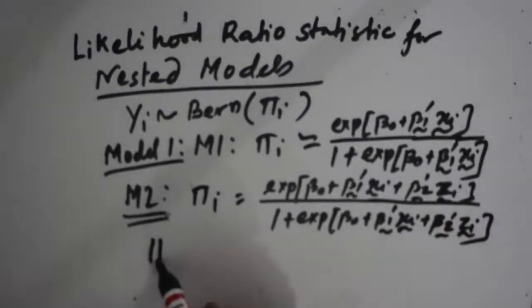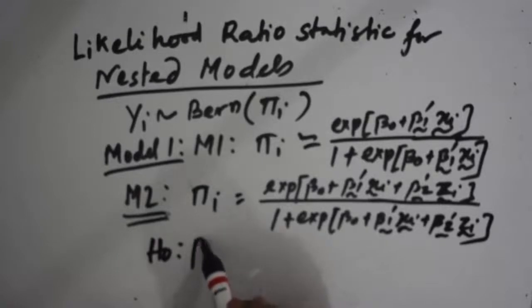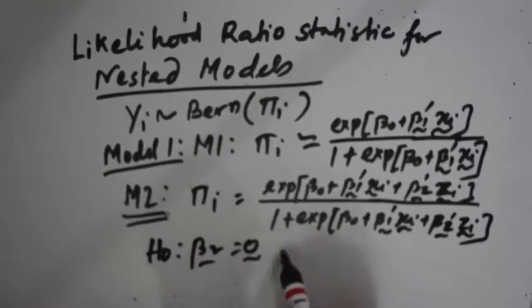Now our hypothesis is beta 2 tilde equal to null.